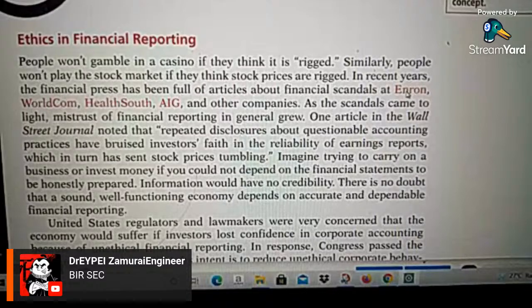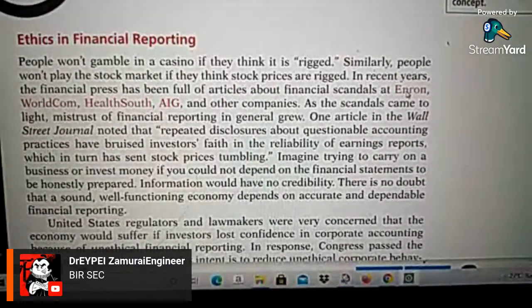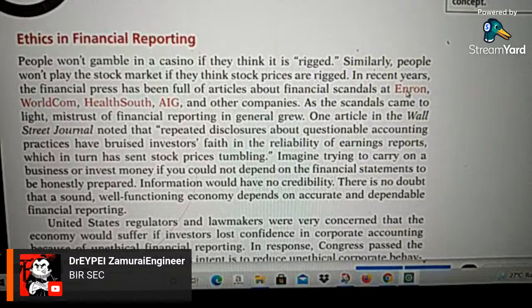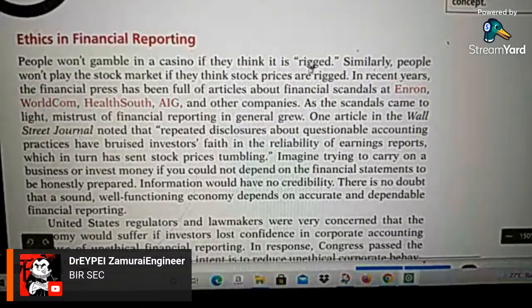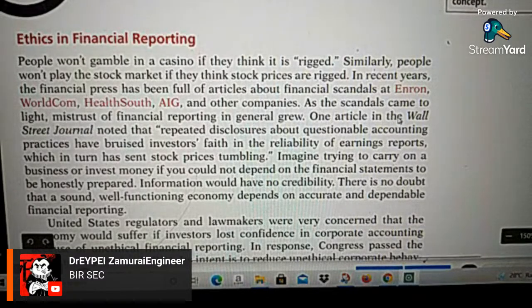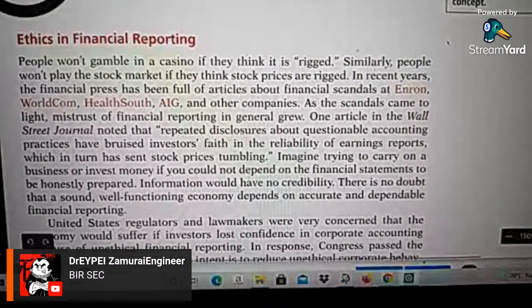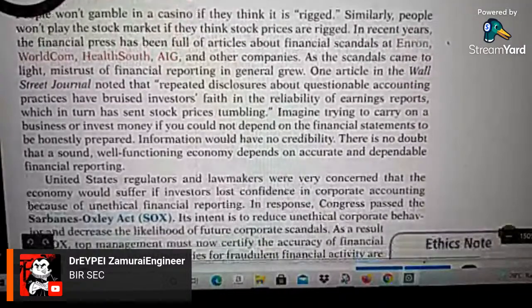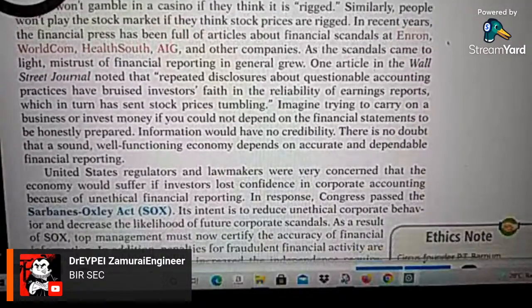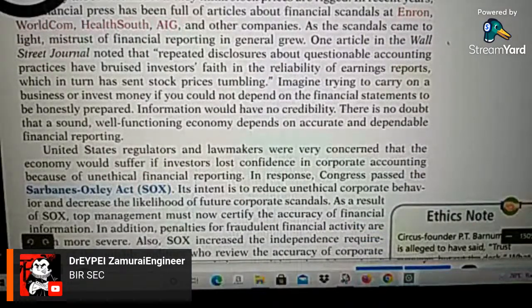When the stock of the company goes up, the value of the company also goes up. So that's why they rig, meaning they cheat in reporting the financial statements. This is a reminder for you not to do it. Our financial reporting must be ethical.